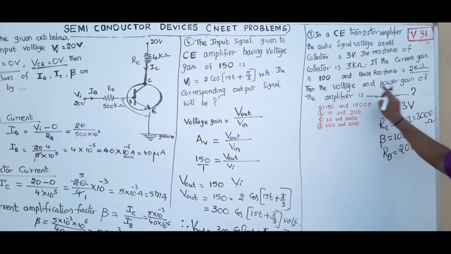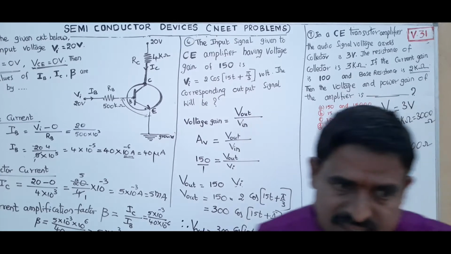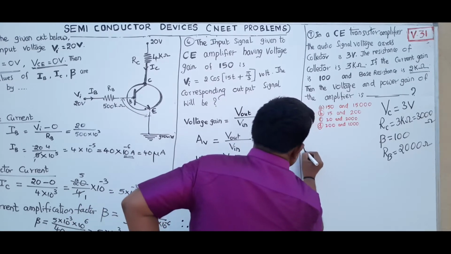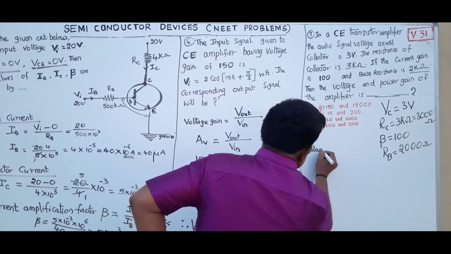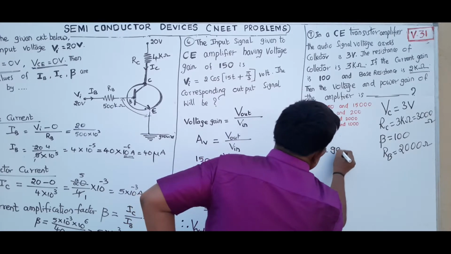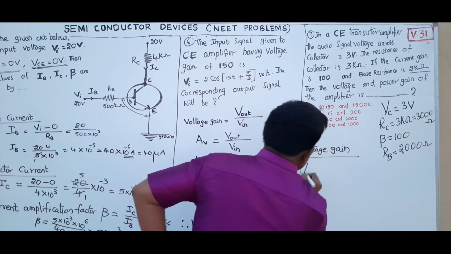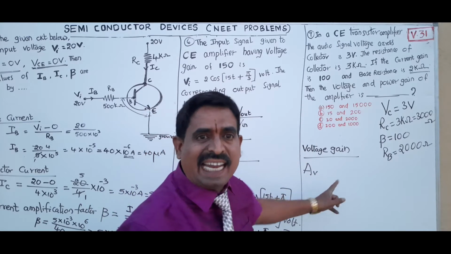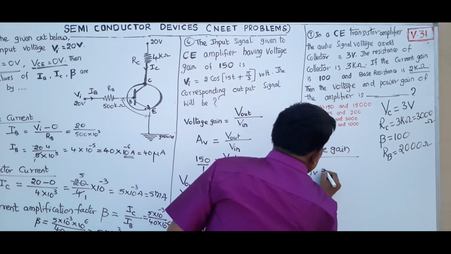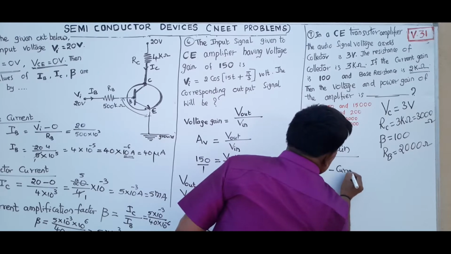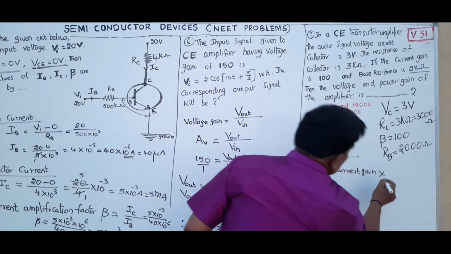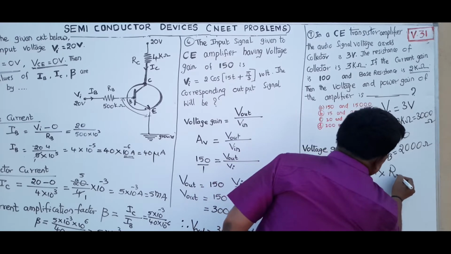The voltage and power gain of the amplifier is? Voltage gain is represented by A suffix V. Voltage gain is equal to current gain into resistance gain.